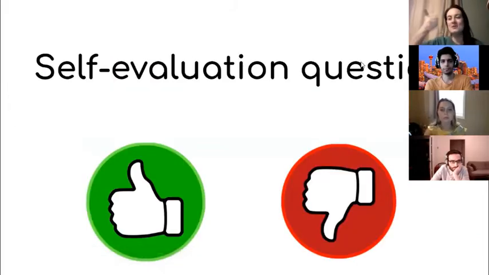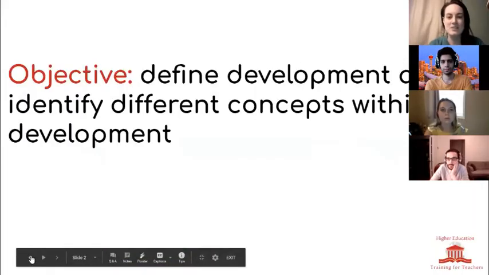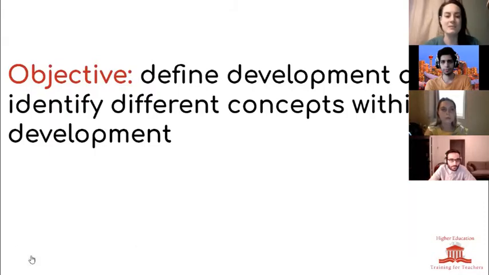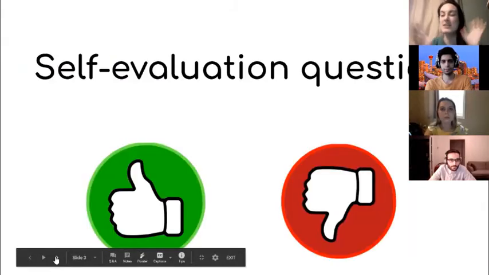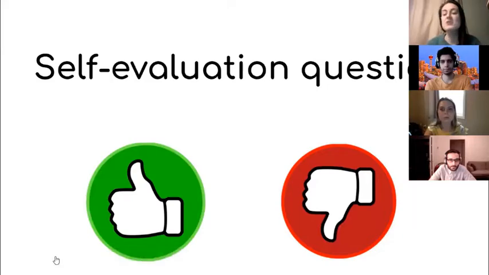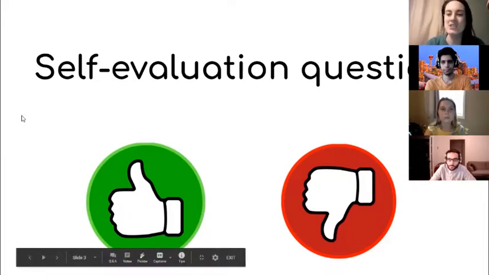Self-evaluation question, so show of thumbs. We're going to look back at the objectives: define development and identify different concepts within development. I'll generalize that and say international development. How well can you define and explain international development and the concepts within it?